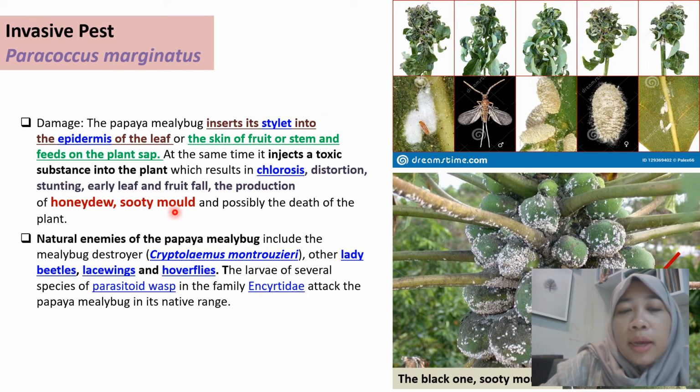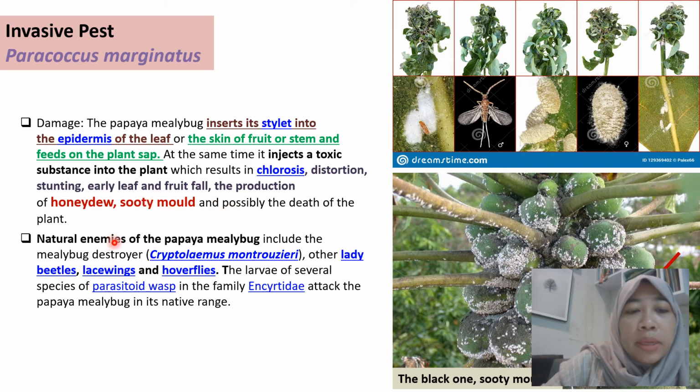The sooty mold is commonly black in color, and it can possibly cause the death of the plant.